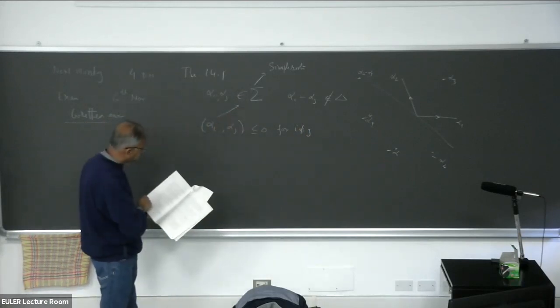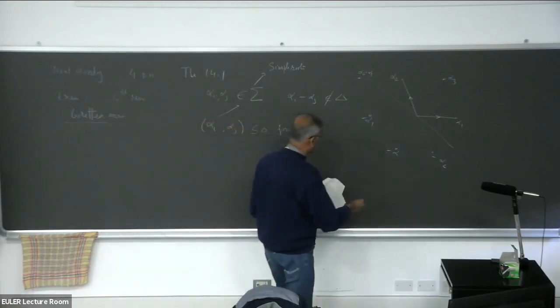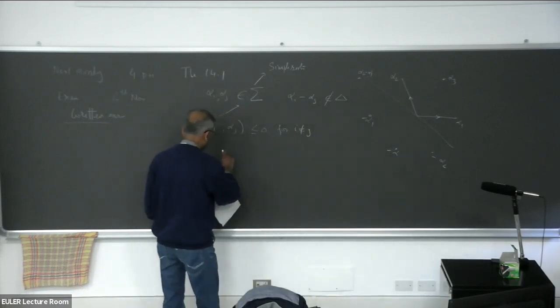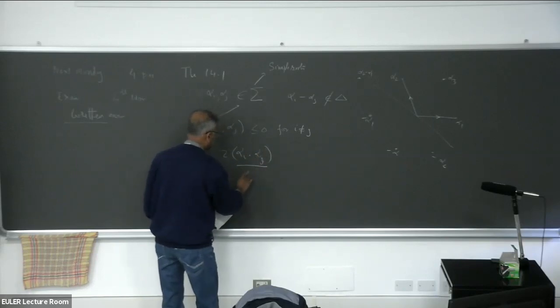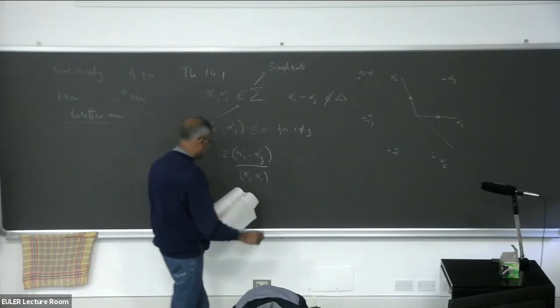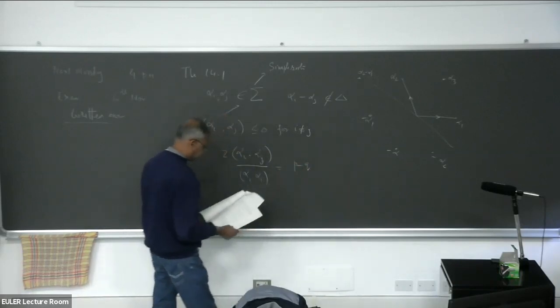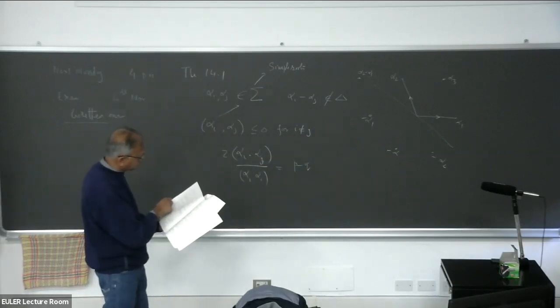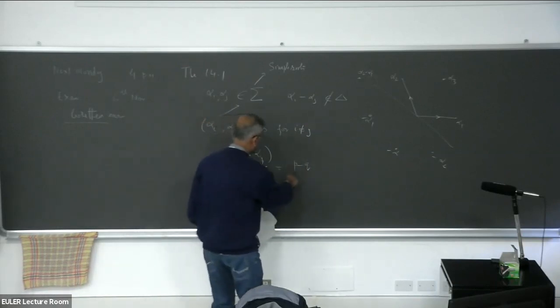And that proof was basically coming from this quantity, which plays a very important role throughout: 2 alpha i, alpha j divided by alpha i, alpha i. This was p minus q. So what were this p and q?